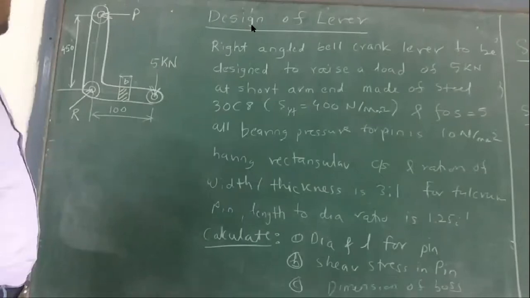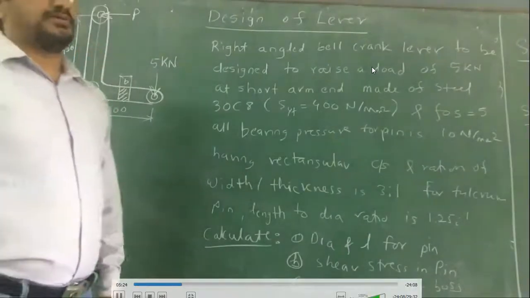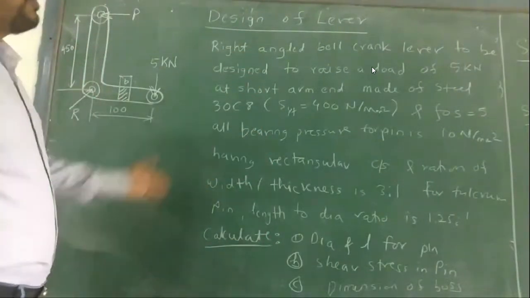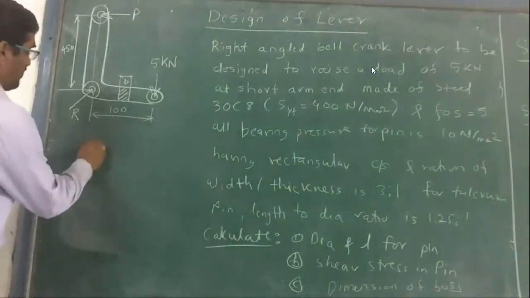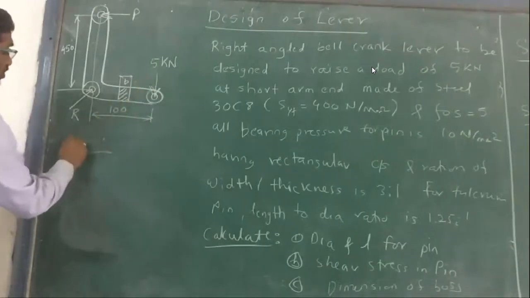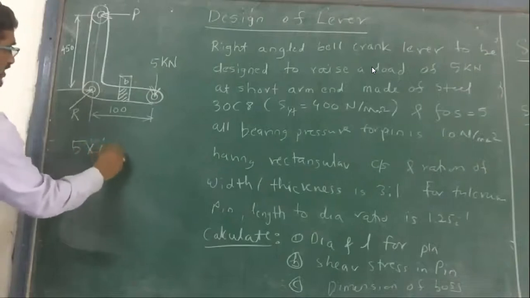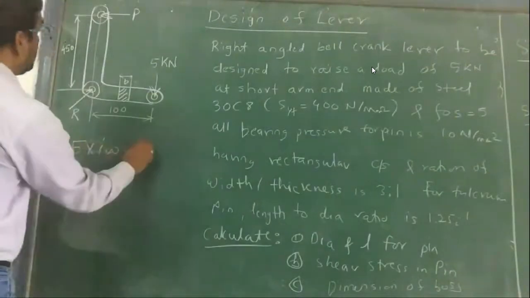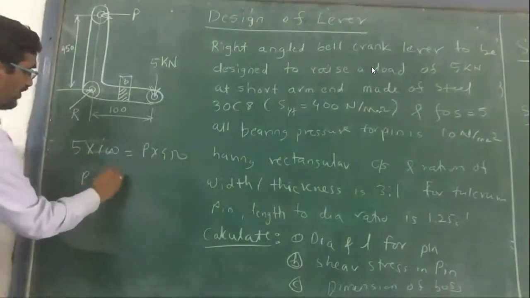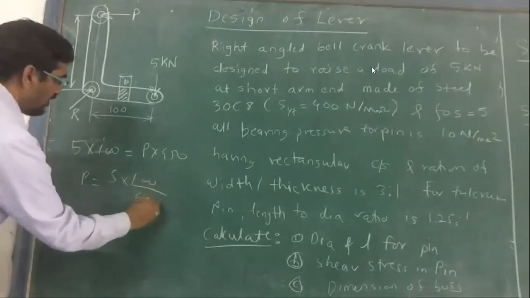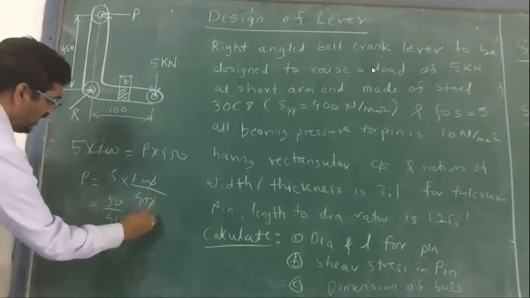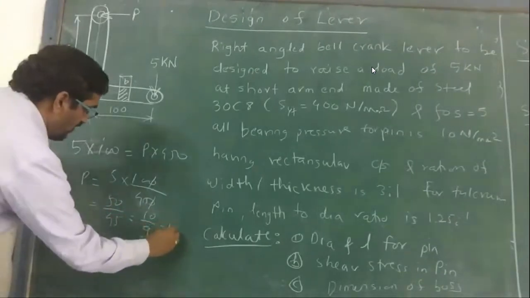Just think of how much effort you will need to lift a load of 5 kilonewton. This is not asked in the problem, but just to make sure. If you calculate moments, 5 into 100 is equal to P into 450, where 5 is in kilonewton. So P is equal to 5 into 100 upon 450, which is 50 upon 450, basically 10 by 9, about 1.11.